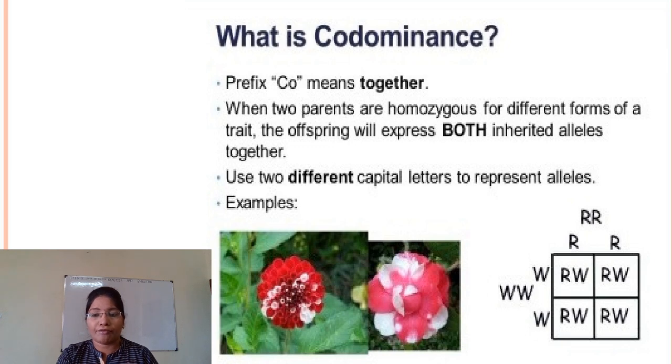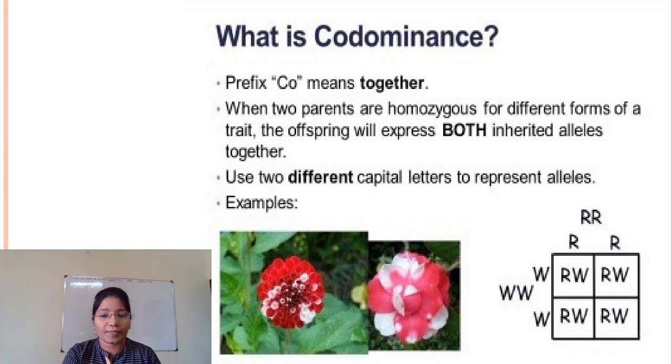For example, if we cross a red flower with genotype R and a white flower with genotype W, then in the F1 generation RW will produce both characters, that is, a white flower with red dots. Here in this picture we see both colors of the flower, white color and red color. That means both alleles express together. So this is called codominance.